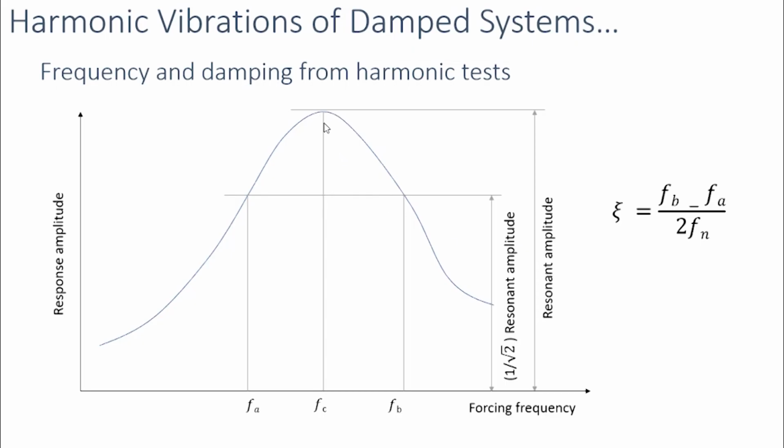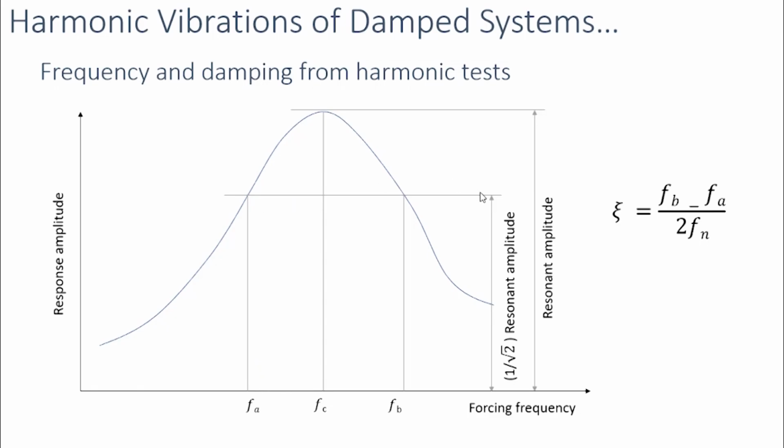As we have seen earlier, when the damping is very less, the resonant frequency is equal to the natural frequency. So we can find the frequency corresponding to this maximum response. We can consider it as the natural frequency, and the damping ratio of the structure can be calculated using the property of half power bandwidth.